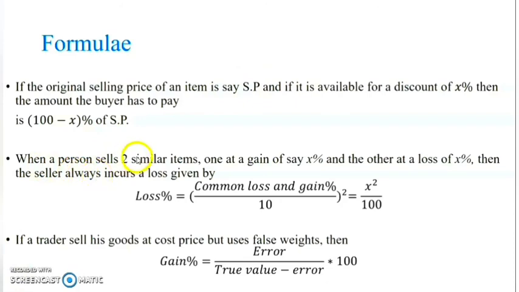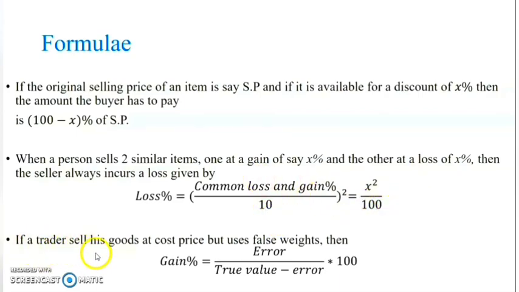When a person sells two similar items, one at a gain of, say, X% and the other at a loss of X%, then the seller always incurs a loss given by loss percent equal to (common loss and gain percent upon 10) whole raised to 2. So note that the gain percent and the loss percent have to be equal, then only you can apply the formula. Since I have considered the common loss and gain as X, this will be X square, and 10 square will give you 100.